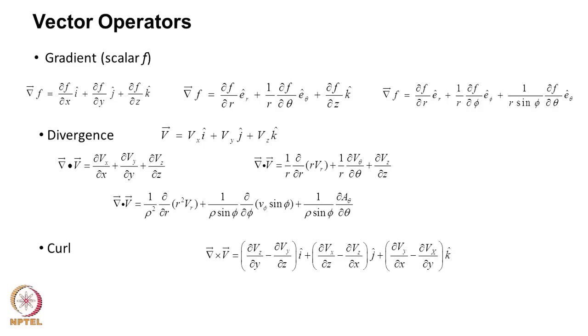The third important operator is the curl, which is defined as del cross V. So, dou Vz by dou y minus dou Vy by dou z for i. Similarly, for the second component, dou Vz by dou x into j, then the third component as dou Vy by dou x and dou Vx by dou y for k.